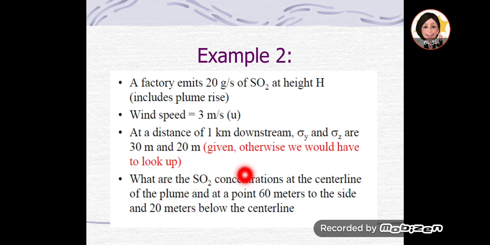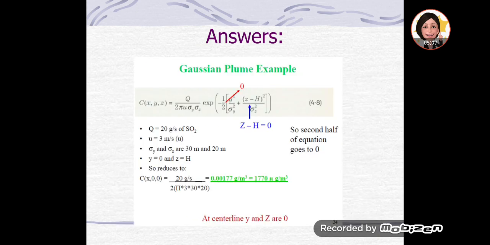So what are the SO2 concentrations at the center line of the plume? That's the first question. So we're looking at center line, when the x, y, and z is 0. And then at points 60 meters to the side and 20 meters below the center line. If below, you're talking about vertical movement, that's for z. Side lines, we're talking about y movement. Let's solve the first question first.